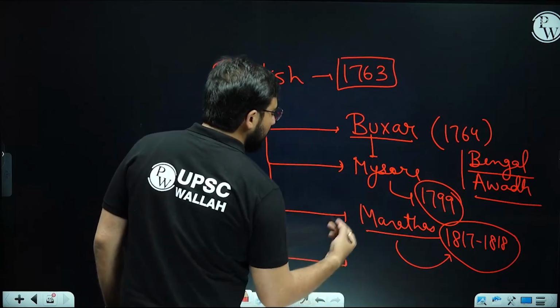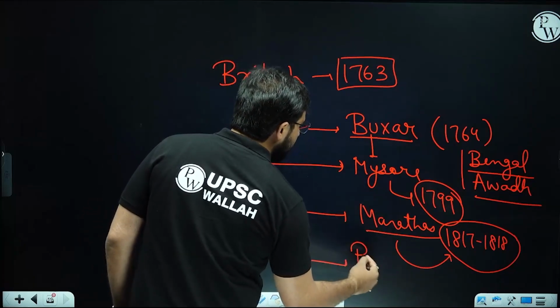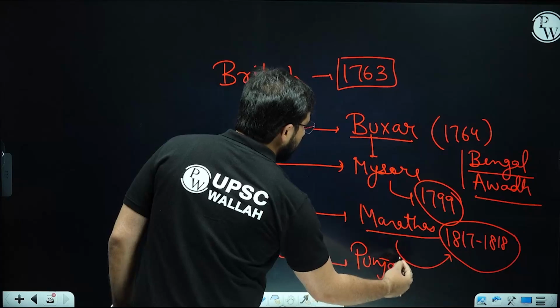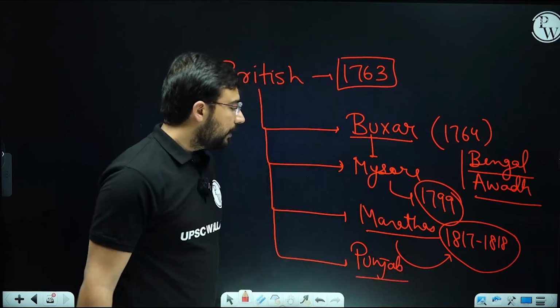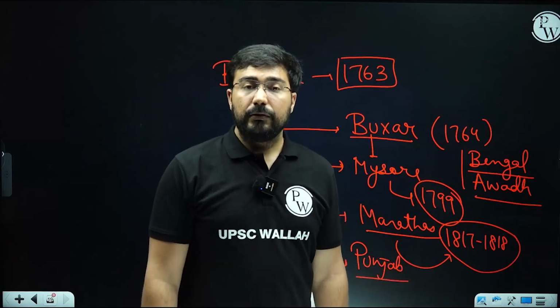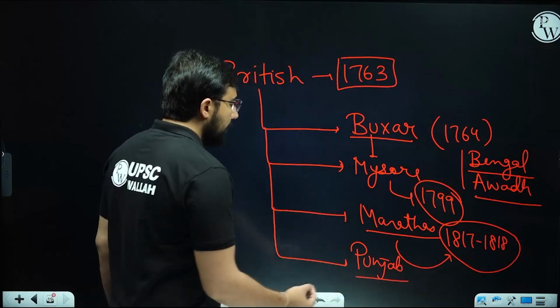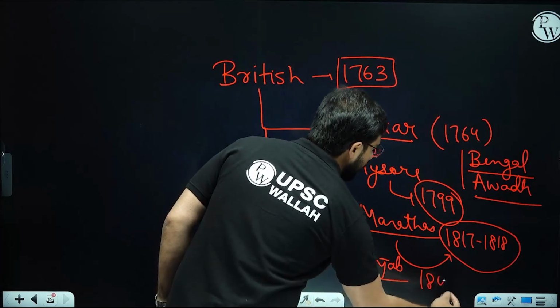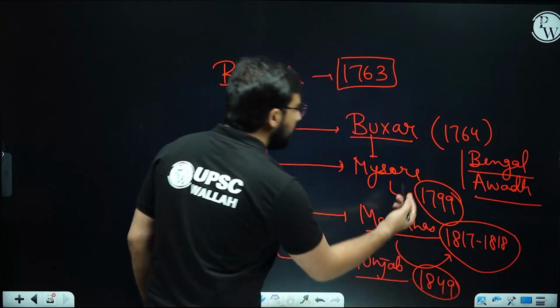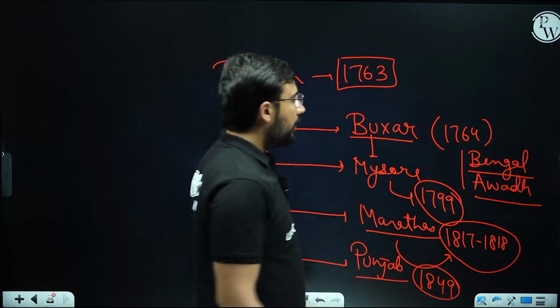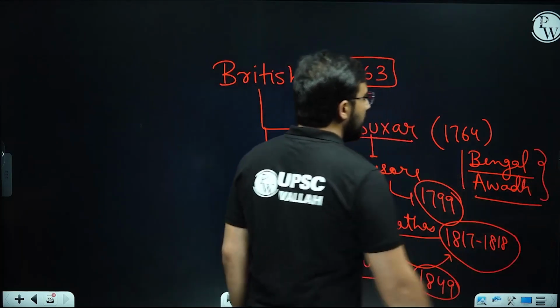After the Marathas, the major power left was Punjab. After the death of Raja Ranjit Singh in 1839, they were able to focus on Punjab also, and Punjab was captured by 1849.